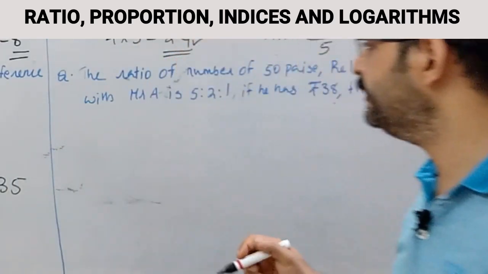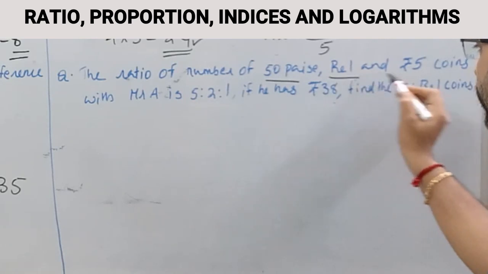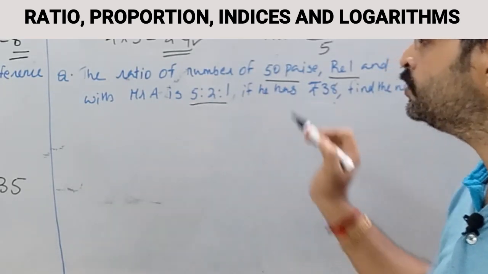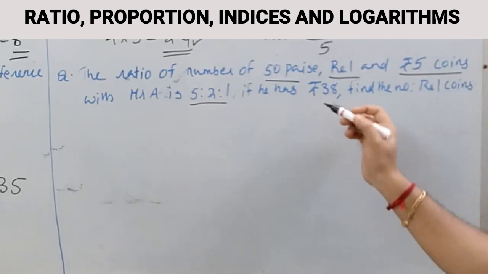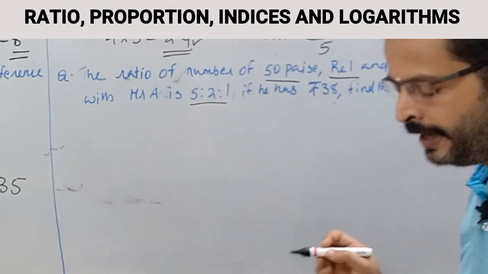Then the next question: the ratio of the number of 50 paise, 1 rupee and 5 rupee coins with Mr. A is 5 is to 2 is to 1. If he has rupees 38, find the number of 1 rupee coins.